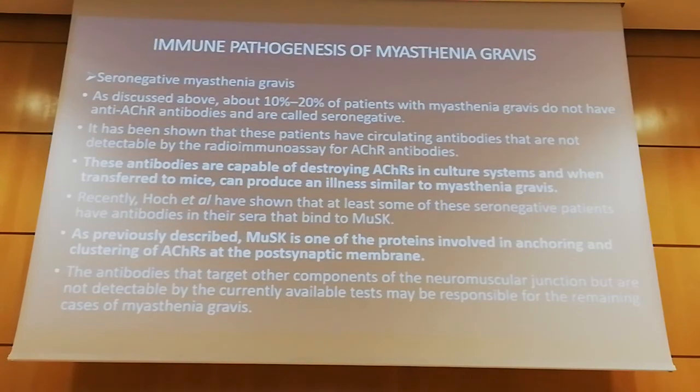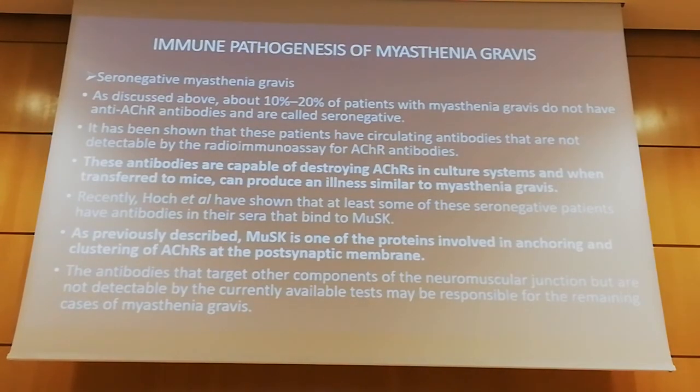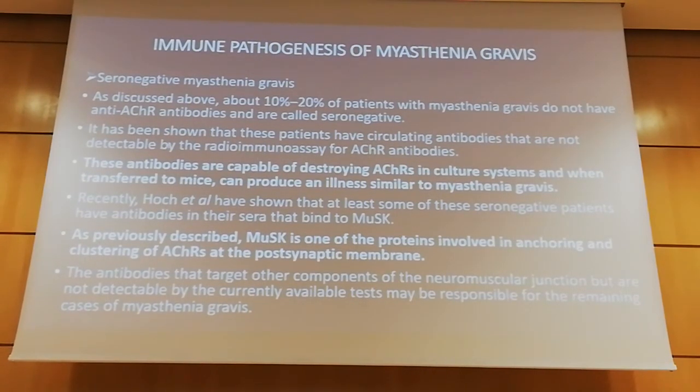Now there is a group of patients where there are no anti-ACHR antibodies, the classic antibodies that we know about. In a subset of them, maybe 10%, we see a different set of antibodies known as anti-MuSK antibodies. So what is MuSK?